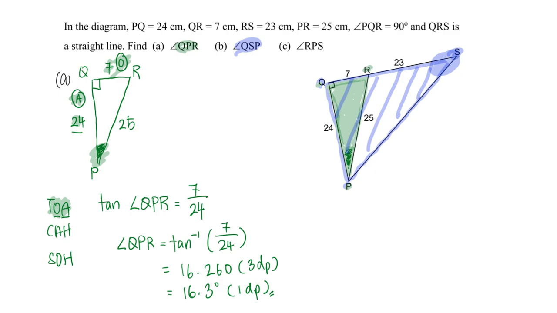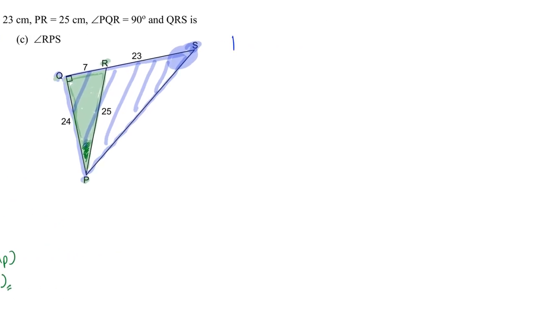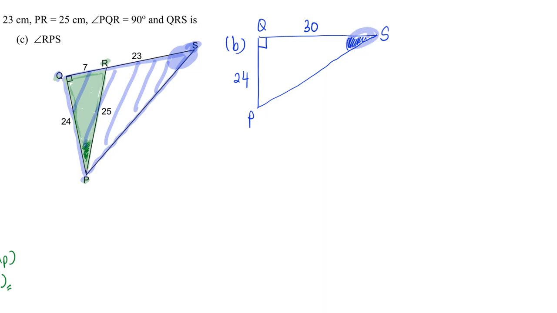And if you are not very good at seeing them in this form, then I would suggest that you could actually sketch this QPS triangle out. This is 24. QS will be 7 plus 23, 30. And we are supposed to find this angle, QSP.